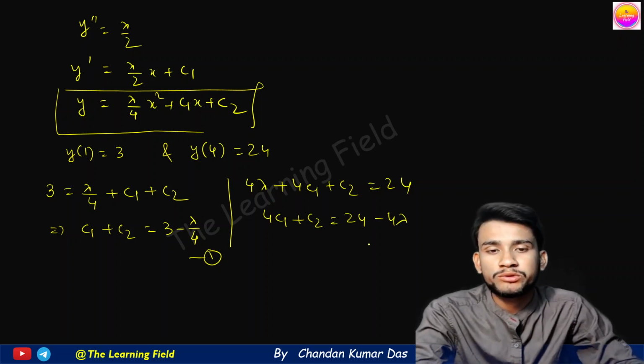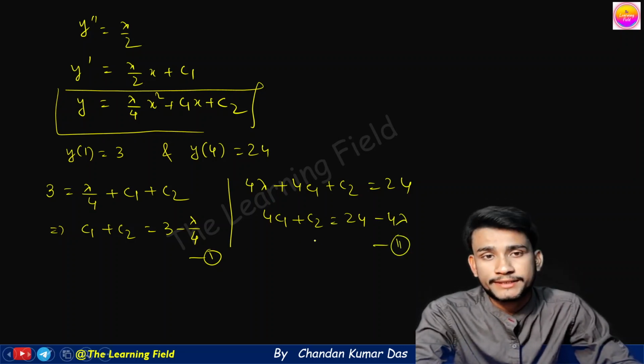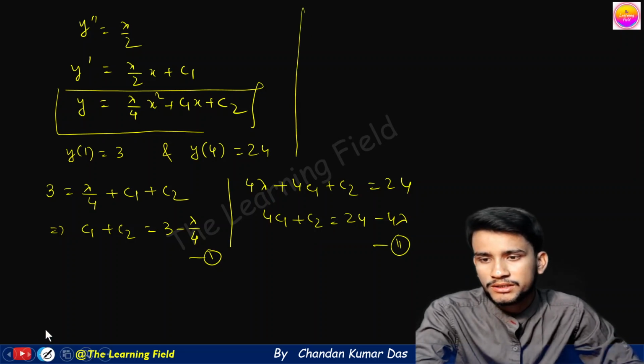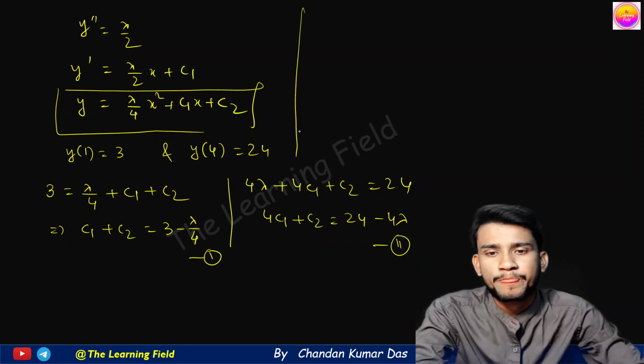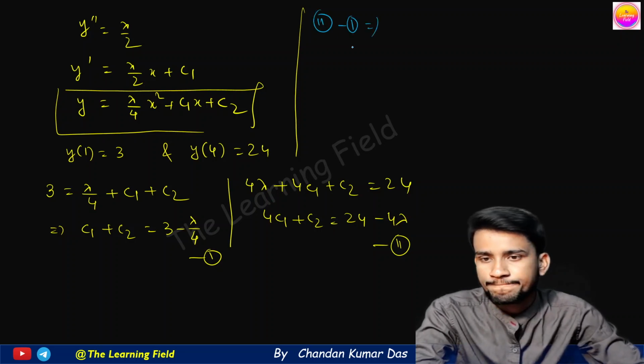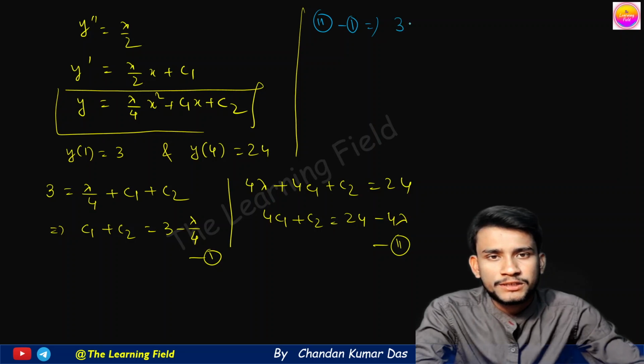Now we solve these two equations for c1 and c2. If we subtract equation 1 from equation 2, then we get 3 c1 is equal to 24 minus 4 lambda minus 3 plus lambda by 4.